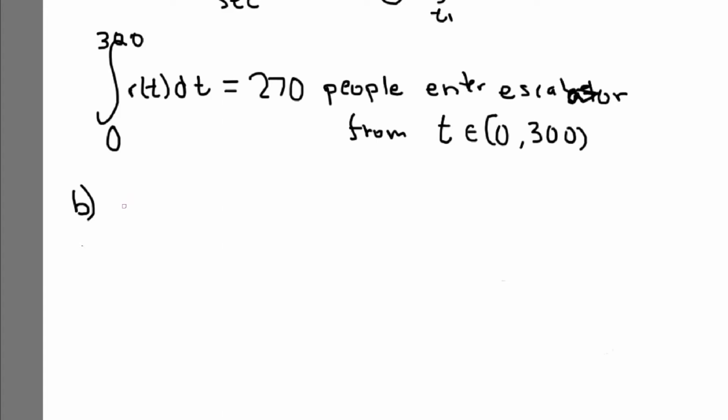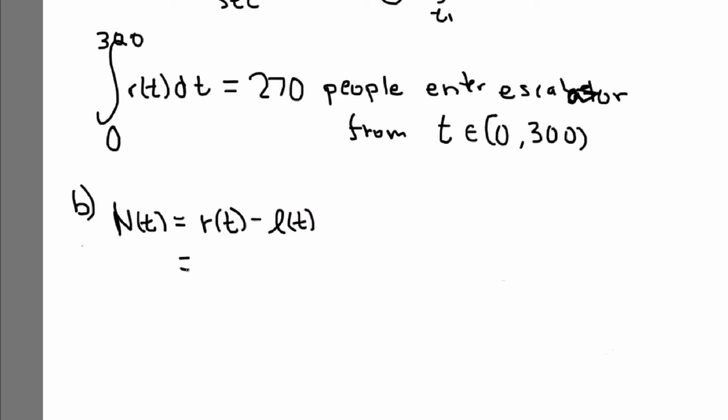Not who entered, not who left, just the net number of people. So the net number of people, and I'll call this function n of t, is the number of people entering, which is R of t, minus the number of people leaving, which is L of t.